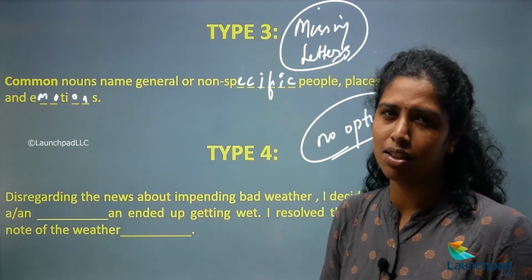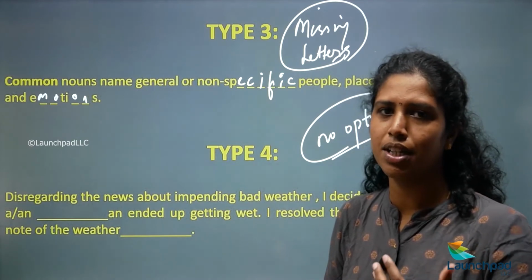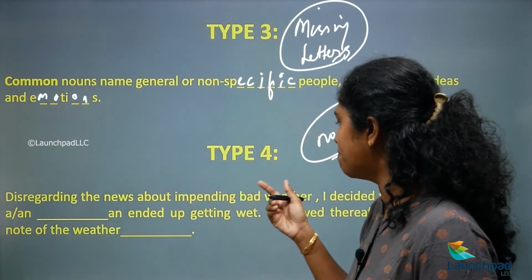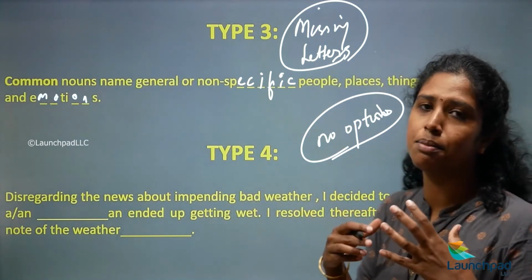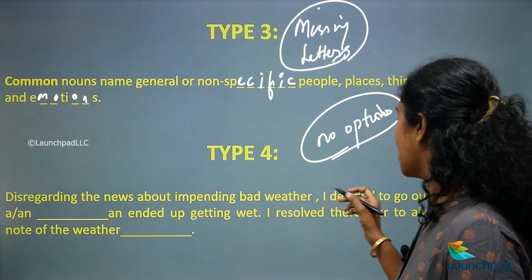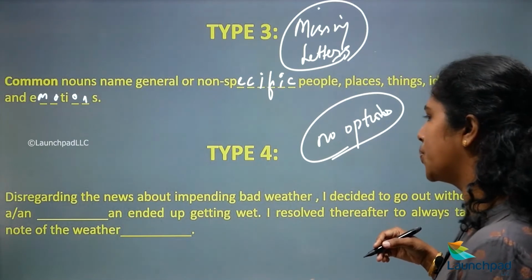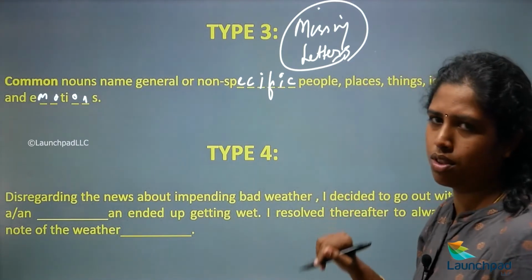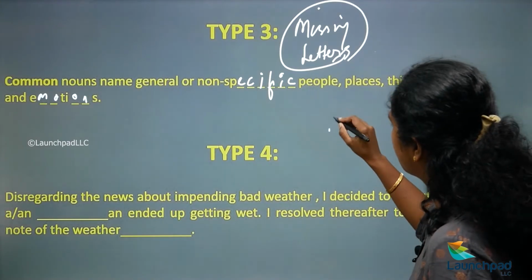Yes. So, disregarding the news. Without taking that news into consideration, that is when you say it's disregarding. So disregarding the news about impending bad weather, that the bad weather will be prevalent, I decided to go out without a dash. So if you want to go out during rain, what are the things that you would require?